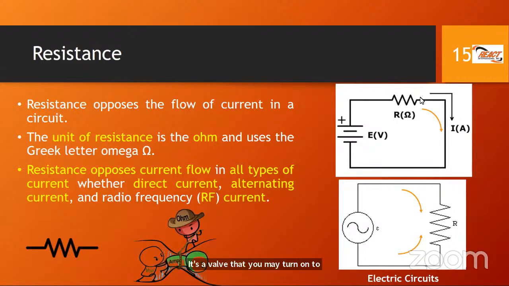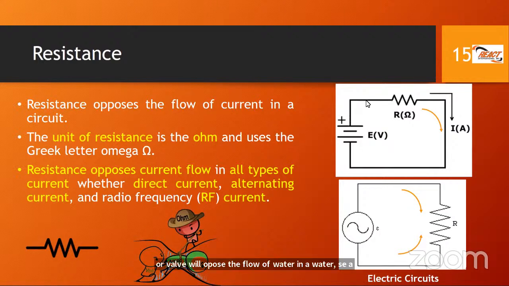So in the electric circuit, the best analogy is a tap or a valve where you may open and close. You have the electronic equivalent of that. And what that does, it opposes the flow, just the same way a tap or valve will oppose the flow of water in a water circuit. A resistor or resistance will oppose the flow.